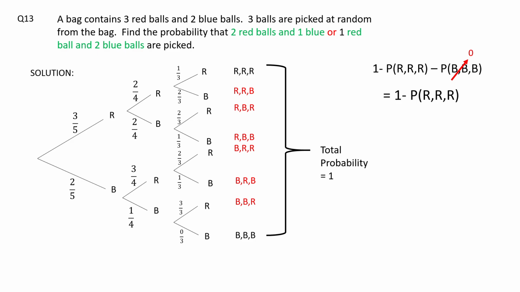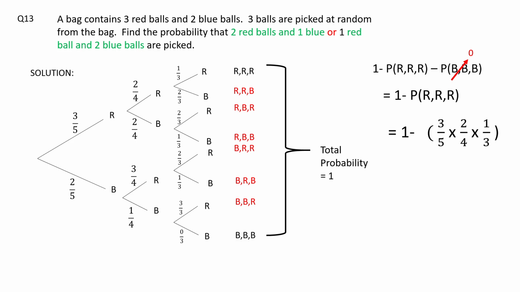Next, you can write the formula as 1 minus probability of R, R and R. In order to calculate the probability of the first R, it will be 3 over 5. Why? Because we have 3 red balls, total 5. So 3 over 5 times, for the second pick, in order to get the red ball, it will be 2 over 4.